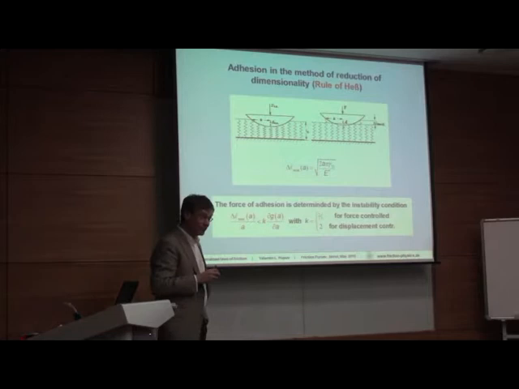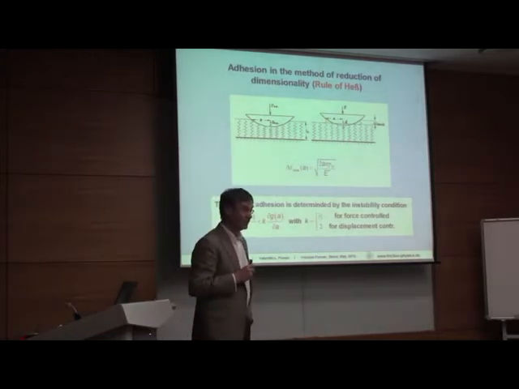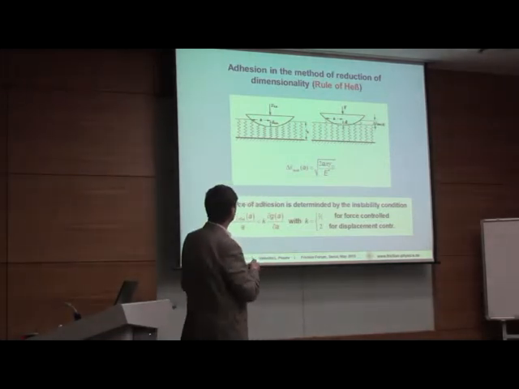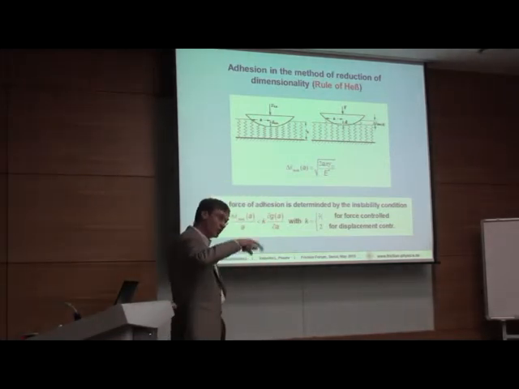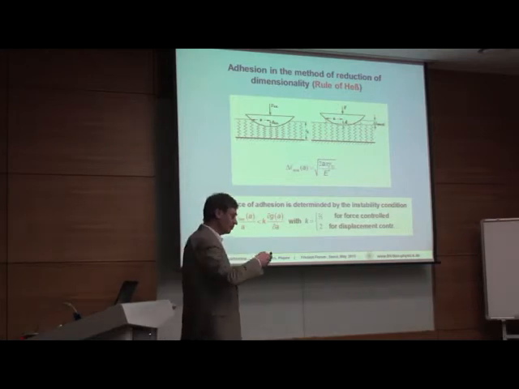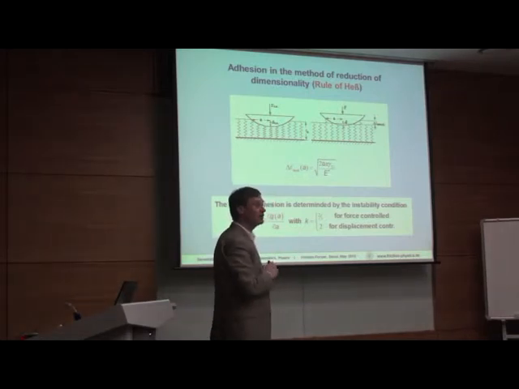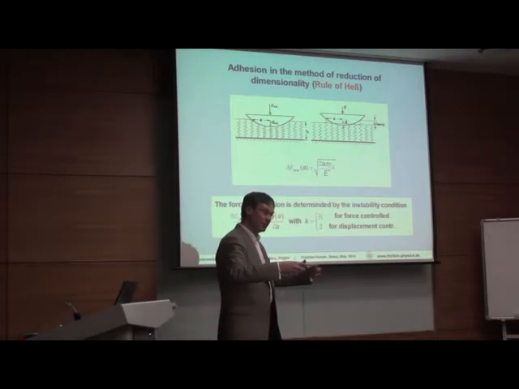Now, if you have adhesion, then there are also a couple of very simple rules. For example, if you put the body into contact and then pull, then the individual springs will detach if some critical value is achieved, and it depends on the size of the contact.